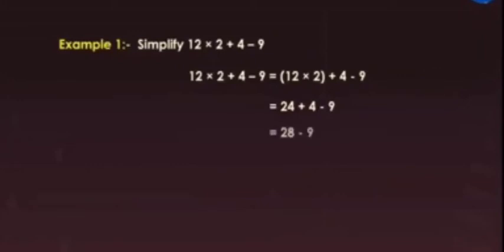And then subtract 28 minus 9, which is 19. So look on the screen very carefully, children. This point must be kept in mind. Therefore, children, 12 × 2 + 4 - 9 = 19.